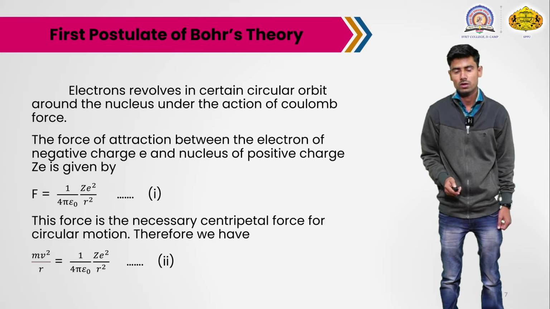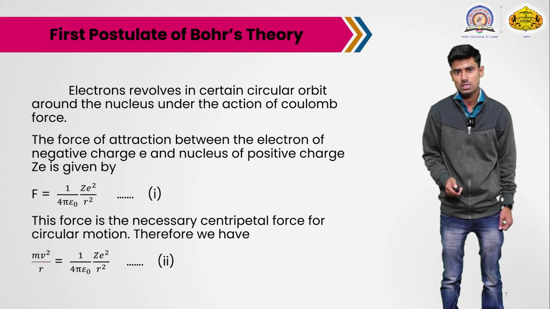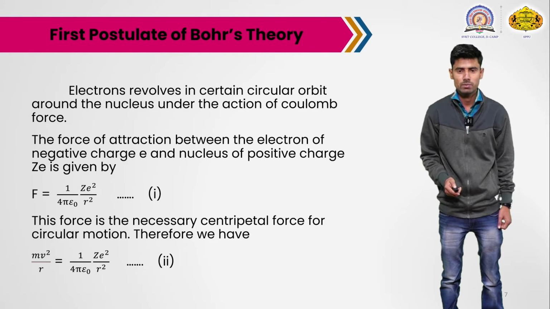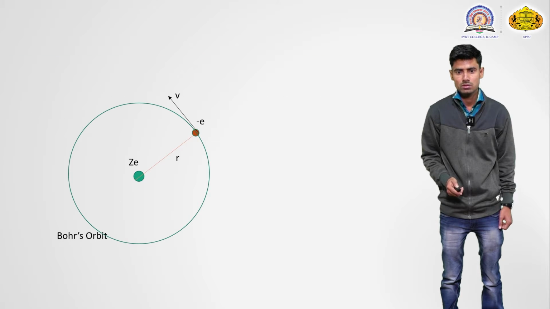We already have the formula for centripetal force as mv square by r, where m is the mass of the electron and v is its linear velocity. By equating those, we get mv square by r equals 1 by 4 pi epsilon naught, Ze square by r square, as equation number 2.